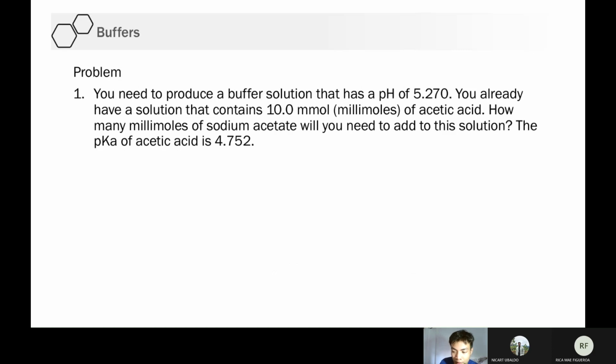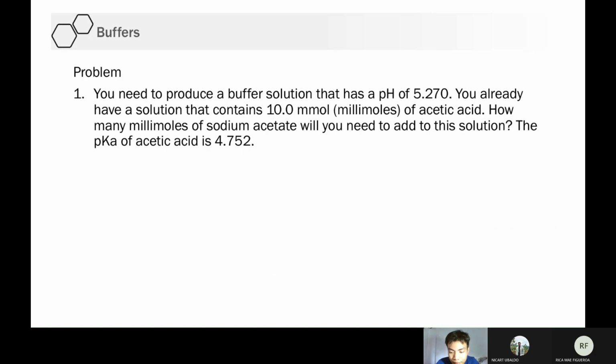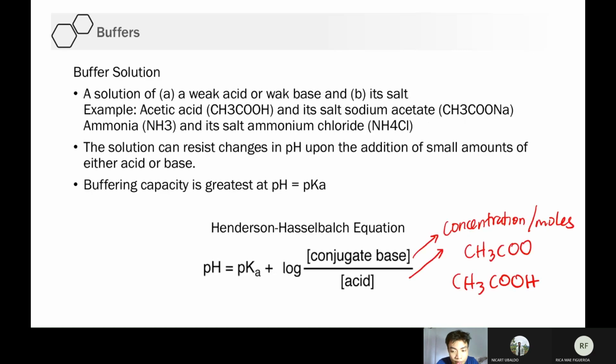So, let's try this problem. By the way, ang nakalagay dito, it could be concentration. Pwede rin siyang moles. Mabilisan lang naman tayo. Hindi naman tayo magfo-focus masyado dito. Siguro ngayon nyo na lang ulit ito makikita, yung buffers. Next chapter, hindi na. More on kwento na uli si Biochem. Okay, so again, Henderson-Hasselbalch equation, they determine what pH your buffer solution is.